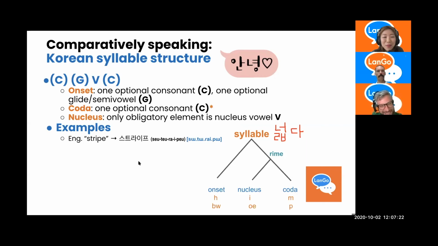All right, here's some examples. So there's a lot of English loanwords that have come into Korean. One of them is exemplified here. So the English word stripe, one syllable in English, would come in to Korean as a loan word, stripe. It becomes 5 syllables because to conform to the syllable structure of Korean, this vowel is inserted.